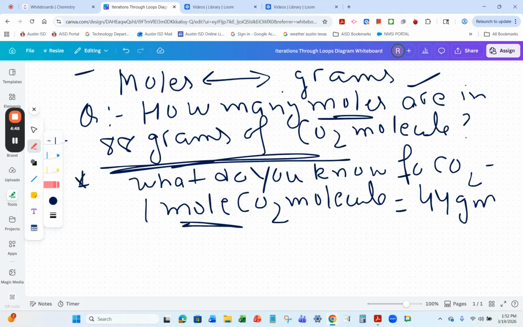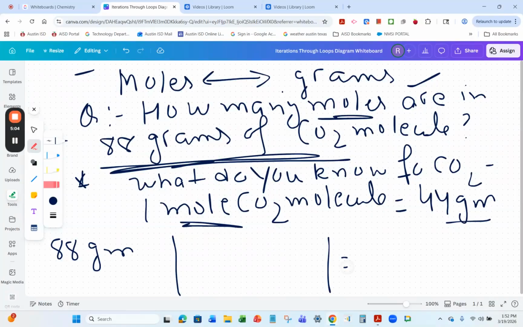So here, mole on the left side, grams on the right side. All right, let's go to our three columns. I said start with the value given to you in the question. What is given to you? 88 grams are given to me. What do you want to find? I want to find moles.